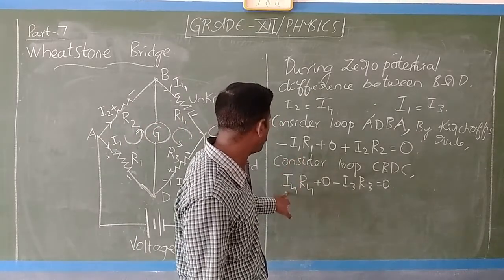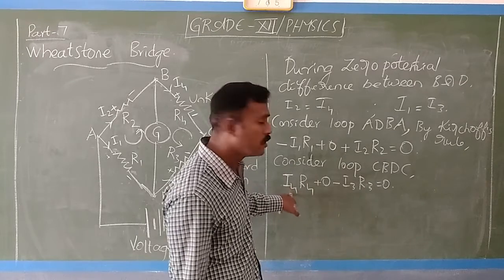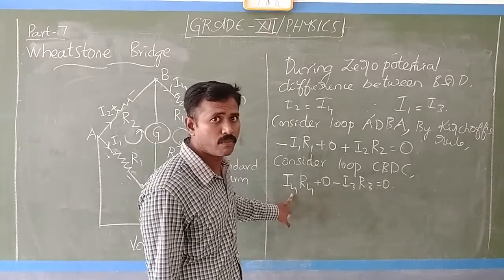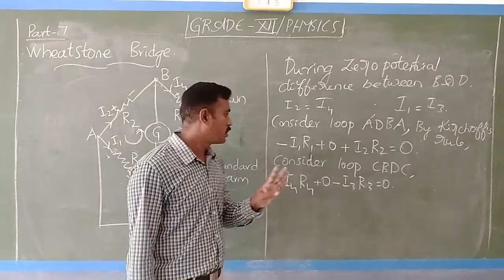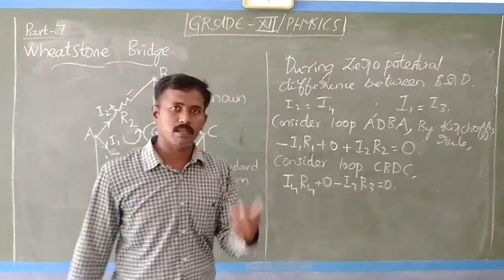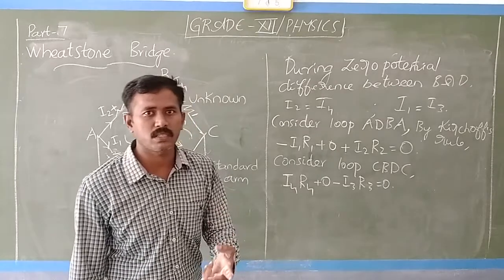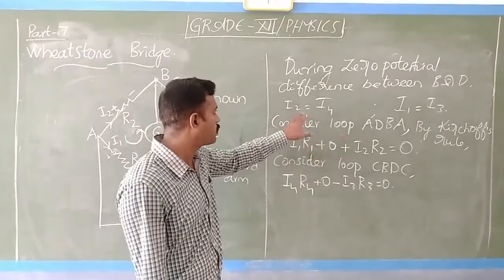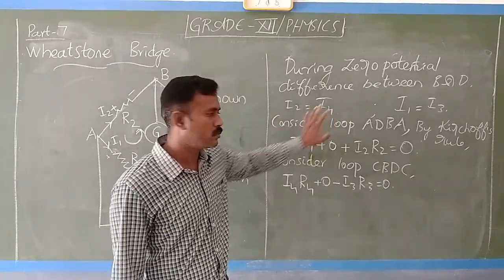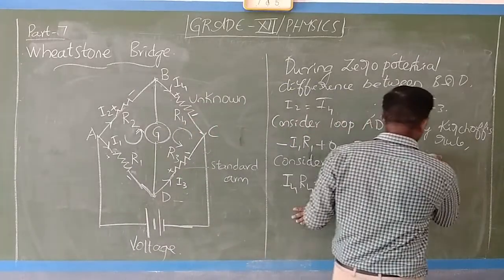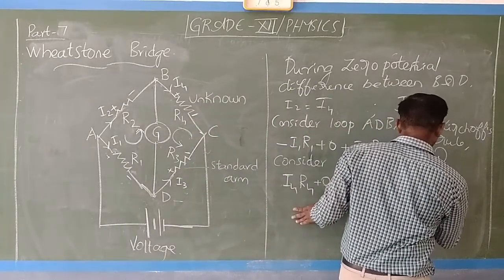Instead of 4 variables, convert to 2 variables, and mathematically the equation is easier to solve. I1 and I3 are the same, I2 and I4 are the same. So this is the first equation, this is the second equation.